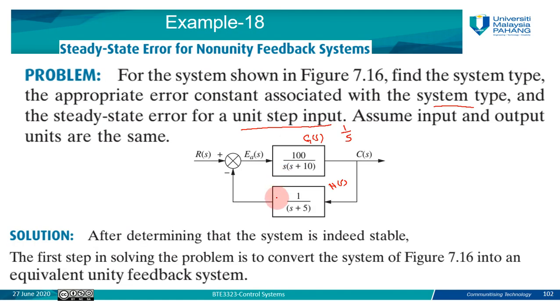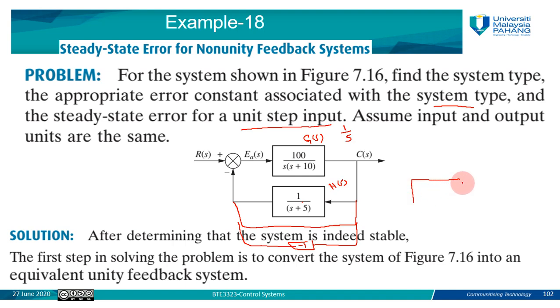So we need to add one line for -1, like we did in the previous example and the previous slide. So here, when we have 1 and -1, the -1 will be combined with the 1 over s plus 5. I mean to combine the H(s) with -1, so it will be like H(s) minus 1.